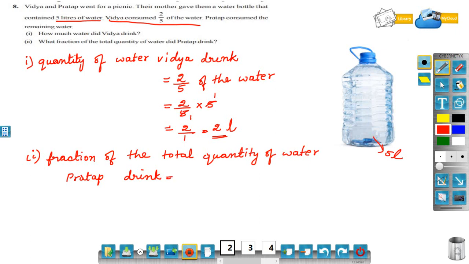Vidya consumed 2 liters of water and Pratap consumed the remaining water. Remaining is 3 liters of water. So here it asks what fraction of the water Pratap consumed. That is 3 liters out of 5 liters. So the fraction is 3 by 5. Vidya consumed 2 by 5 liters of water. Pratap consumed 3 by 5 liter of water.